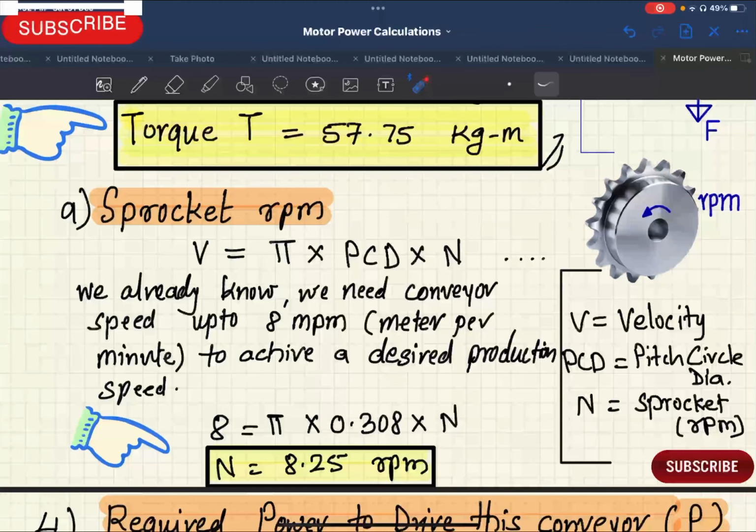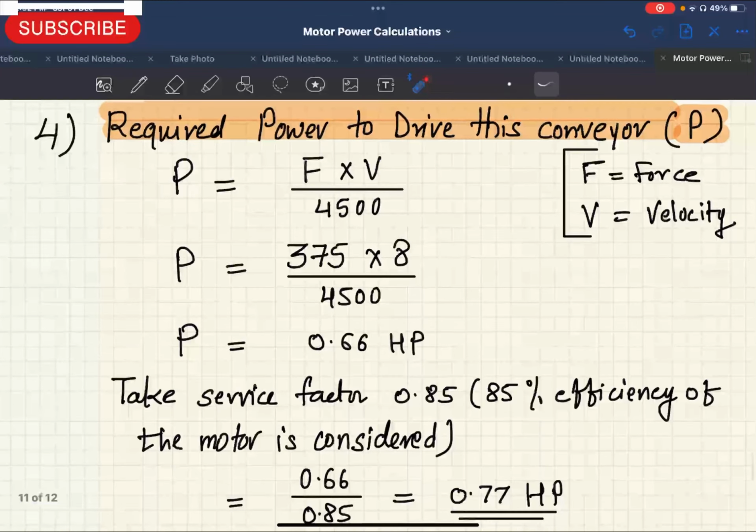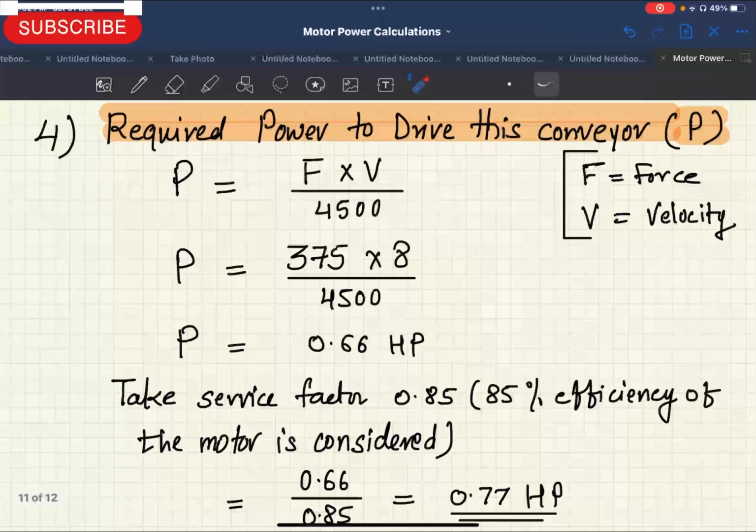We already know we require 8 meter per minute speed of the conveyor, which is the velocity, equals pi into 0.308, which is the conversion of mm to meter of the sprocket diameter, into N. This way we find that we require 8.25 RPM at the sprocket, which is the RPM of the motor also.